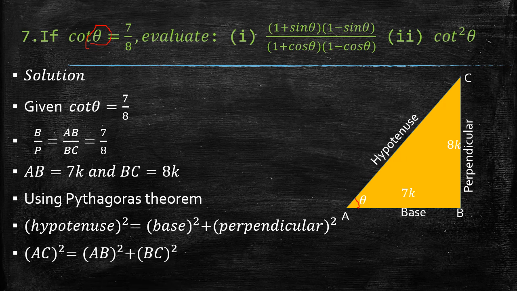And hypotenuse is AC, so AC square is equal to AB square plus BC square. You can also simply write h square is equal to b square plus p square. So putting the values, AC square is equal to (7k) whole square plus (8k) whole square. Right, in the next step solve these squares.